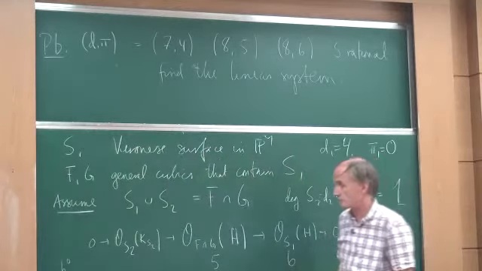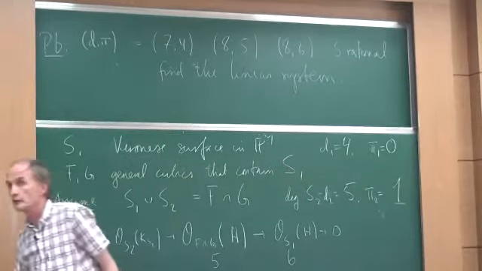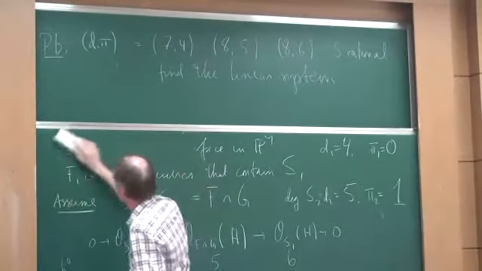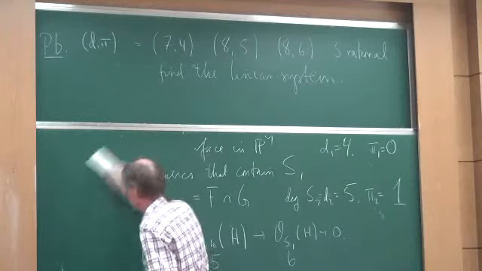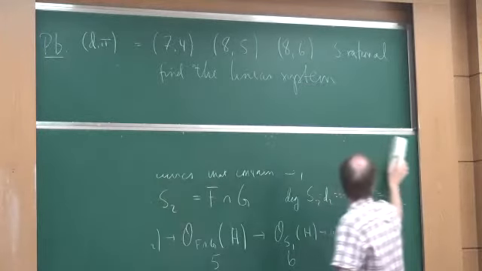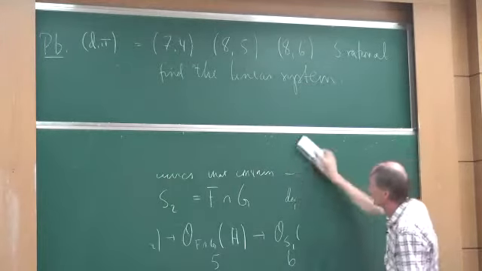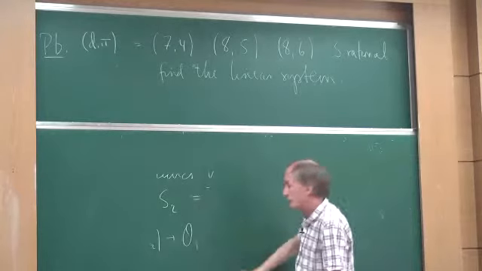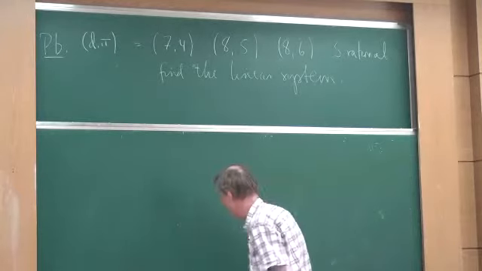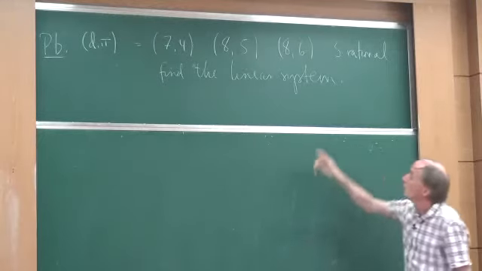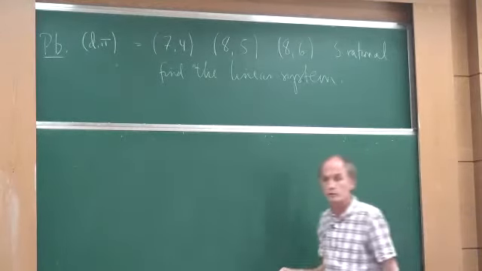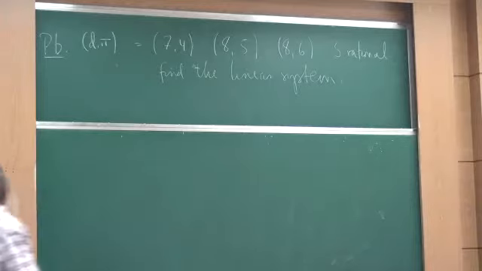So now I would actually like to go to these three to use the adjunction to find the linear system. And then in the end, we'll go a little bit back and forth between the two.